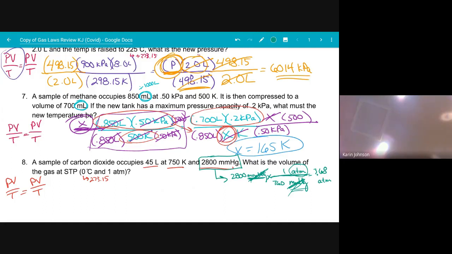So I'm going to go ahead and work it out here quickly. I'm going to switch colors one more time.